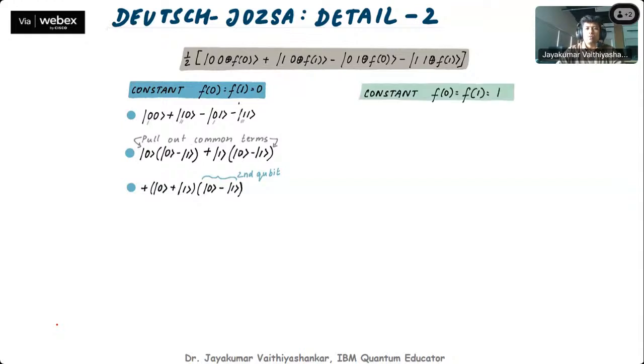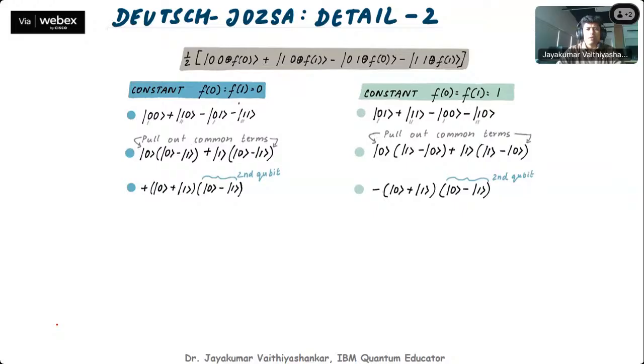Combine the two functions, constant, f of 0 and f of 1 equal to 1. If you take the common terms, you will get this combination. So what is the difference between these two? Plus and minus. Everything remains same, right?